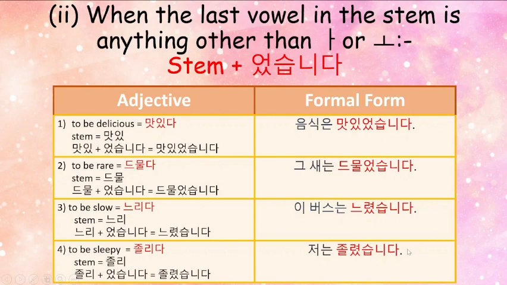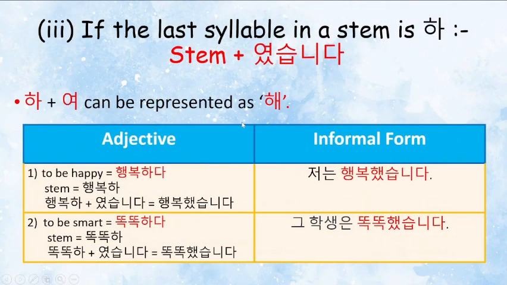Okay? Now comes the last case, that is whenever the last syllable in the stem is ha. Then you have to attach 였습니다 to the stem. What happens is this ha and yeo, they get merged and it becomes hae. Now let's see some examples.